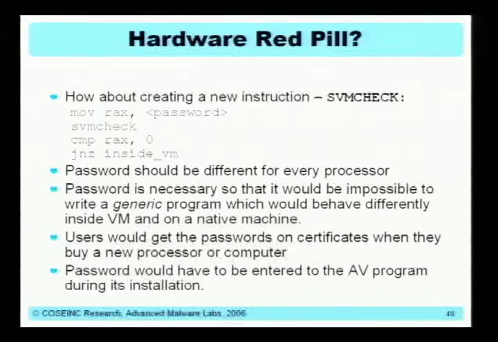But if we had this 64-bit password, which we get on a special certificate with a processor, so we buy a processor, we get a certificate and a password on it, and we enter this password into our antivirus program during installation. That should allow for detection. But on the other hand, within the next few years, like 3-5 years, we should expect that everything will be run inside a VM, right?